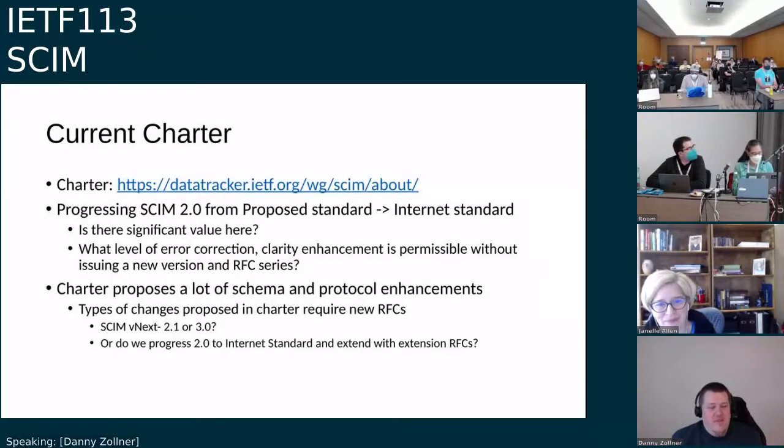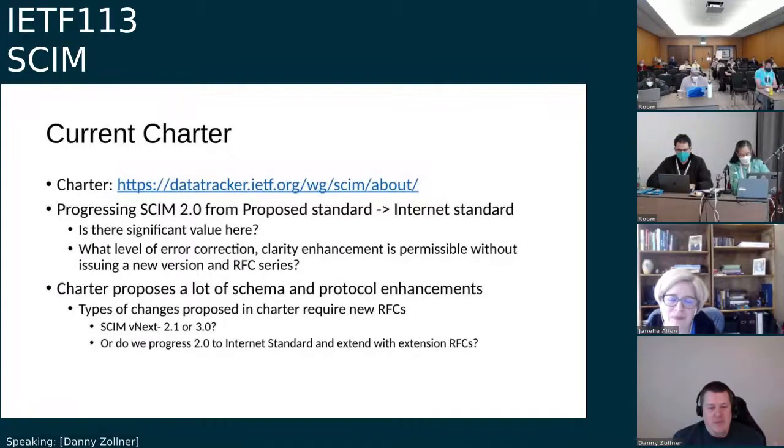And one of the things that's been proposed and discussed, especially I believe in IETF 112, but also in the interim sessions that we've had in between, is the topic of progressing the SCIM 2.0 standard from proposed standard, which is where it sits today, into internet standard, its final form. And there's a floating question of, is there significant value there?